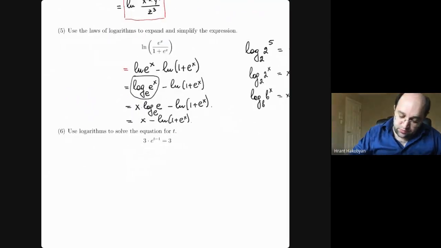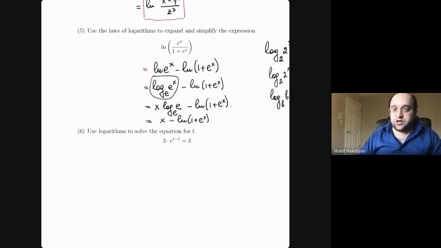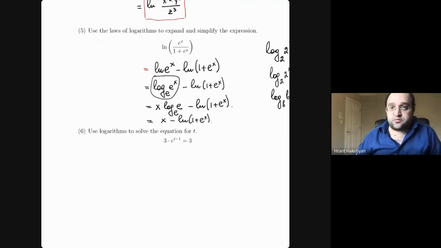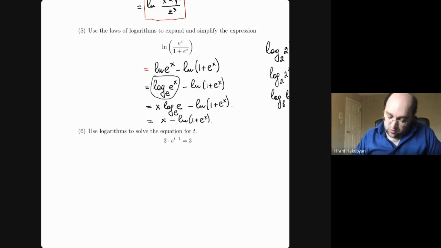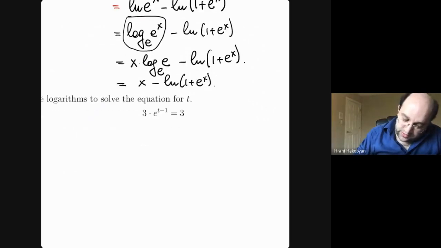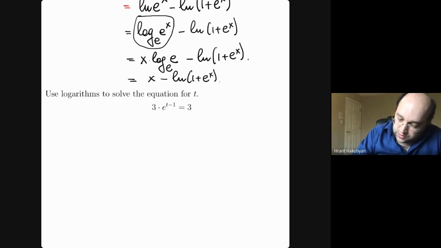Next is the important thing. Now we're going to use these logarithms to solve equations. This is the first equation we're going to solve. It's very easy. We have 3 times e to power t minus 1 is equal to 3.